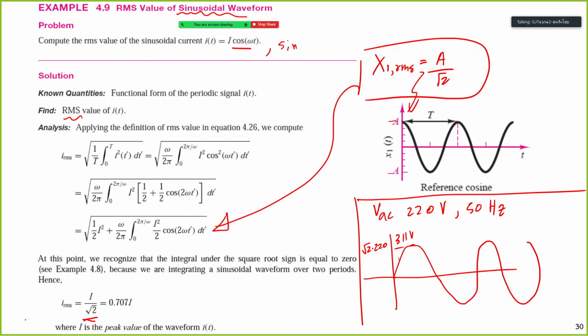So the voltage waveform will be square root 2 times 220 times sine 2 pi 50 t, as a function of t here. So we get this waveform.